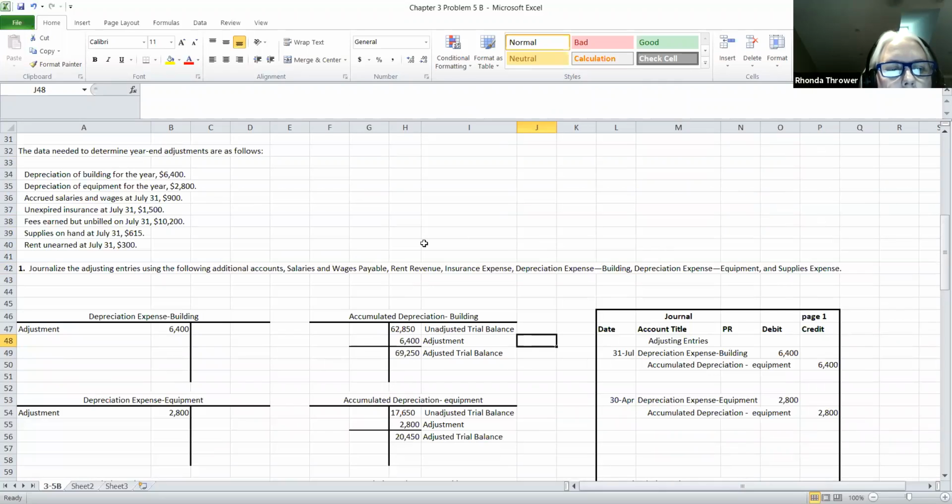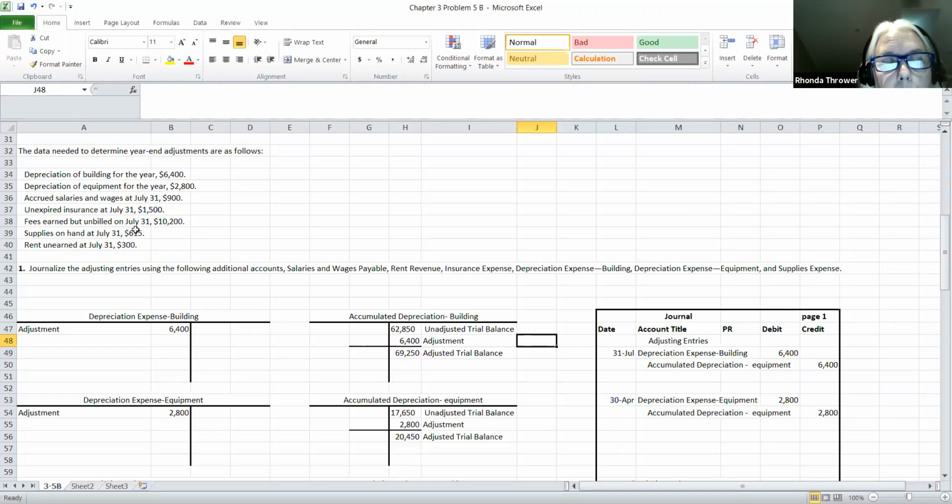The next adjusting entry had to do with fees earned, which we know is revenue, but unbilled. If it hasn't been billed yet, we need to sit down and send some invoices to our customers because we've earned $10,200 and we have not received that amount yet.